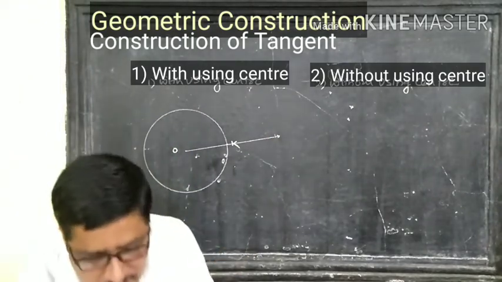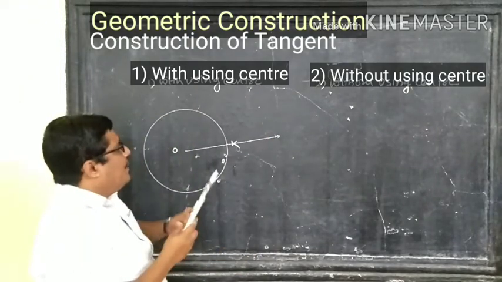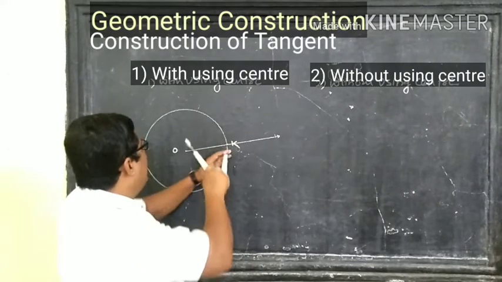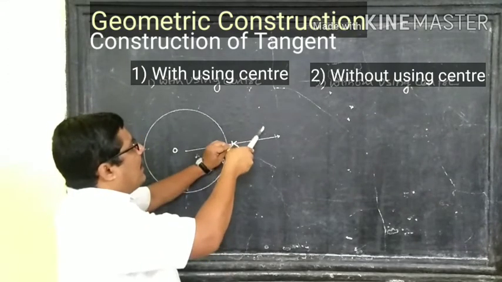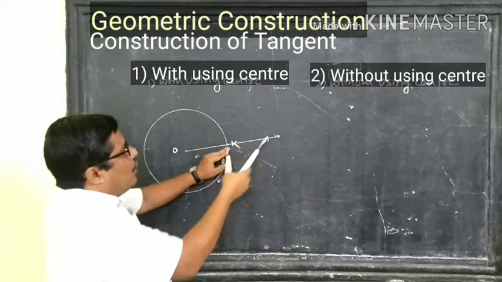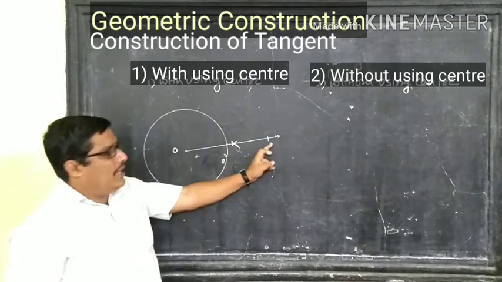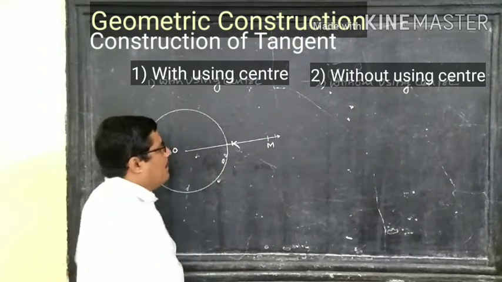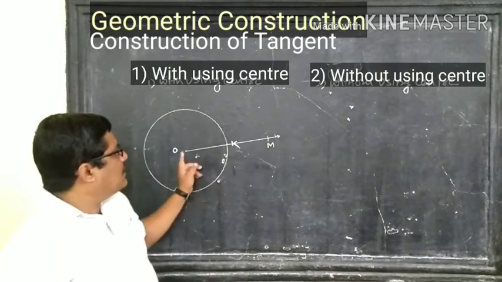After drawing this ray OK, we have to take the radius segment, and at the same time we have to mark on the other side of radius OK and name it as point M. Now here OM is a segment.